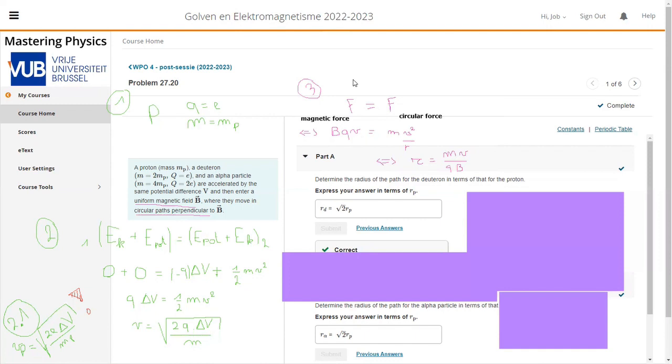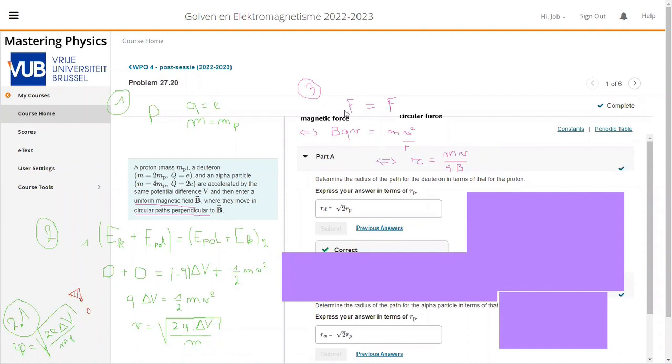Like this, perpendicular. So I put this equal to each other. We have the circular force. When you see that a charge is moving in a circular form, you have to use this one.